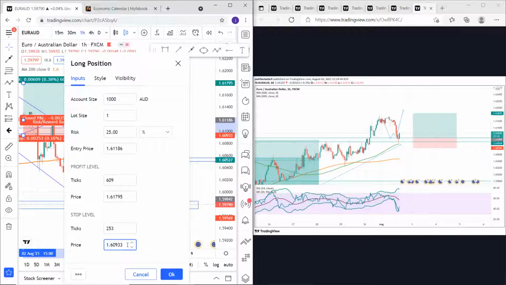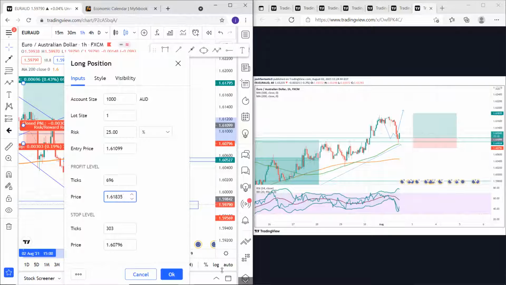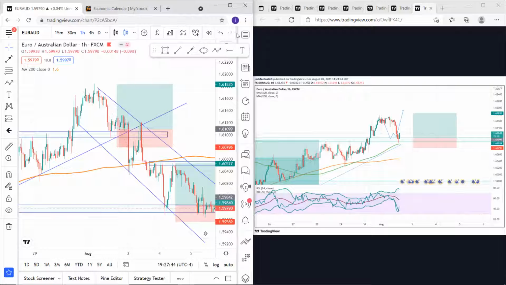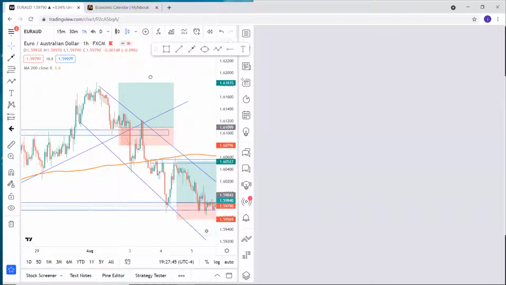Stop level at 0.796, the entry point 0.9, and the profit target was 6.825. So this was the trade, a 1 to 2.4 risk reward ratio.